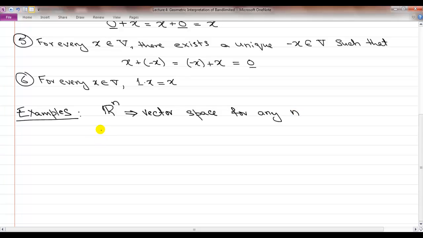Now, if I define R plus, which is the positive side of the real line, okay? So let's define my R plus to be the positive side of the real line, which is this part.